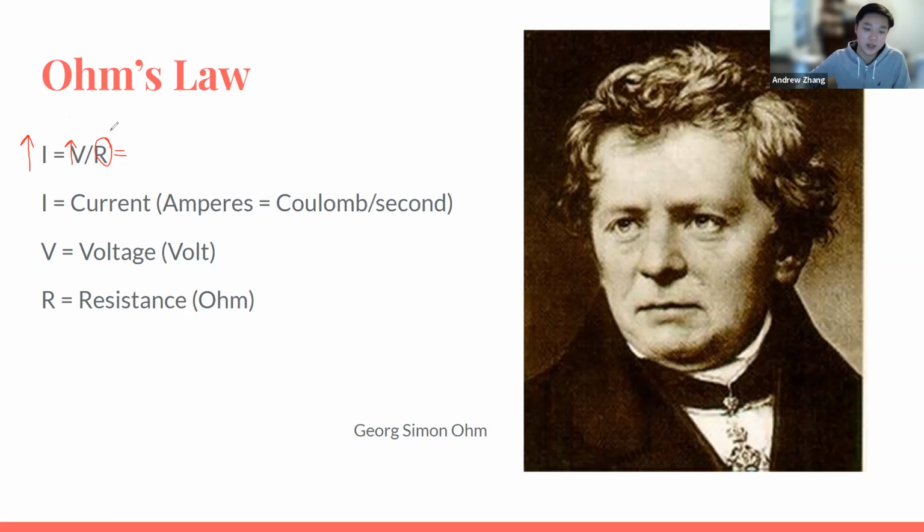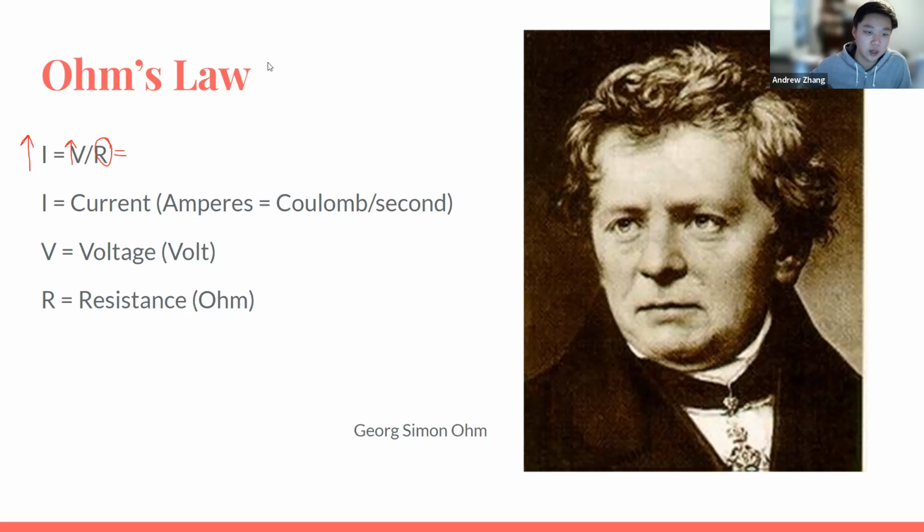And this follows our analogy, because we can think of the voltage as the difference in height, and the steeper some kind of slope is, the more quickly water will flow down that slope. Just like that, the more quickly electrons will flow through a wire.